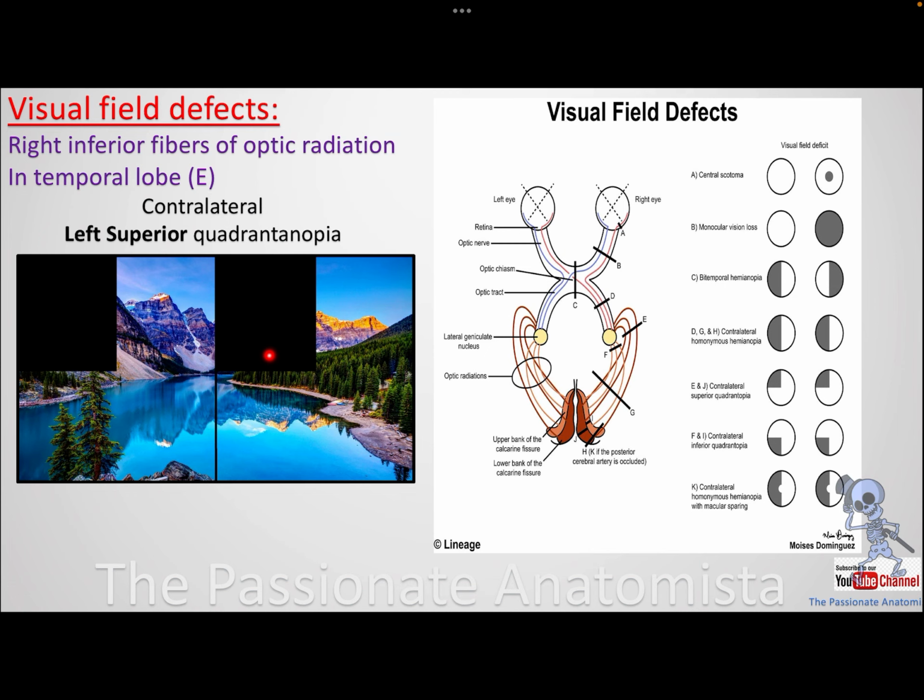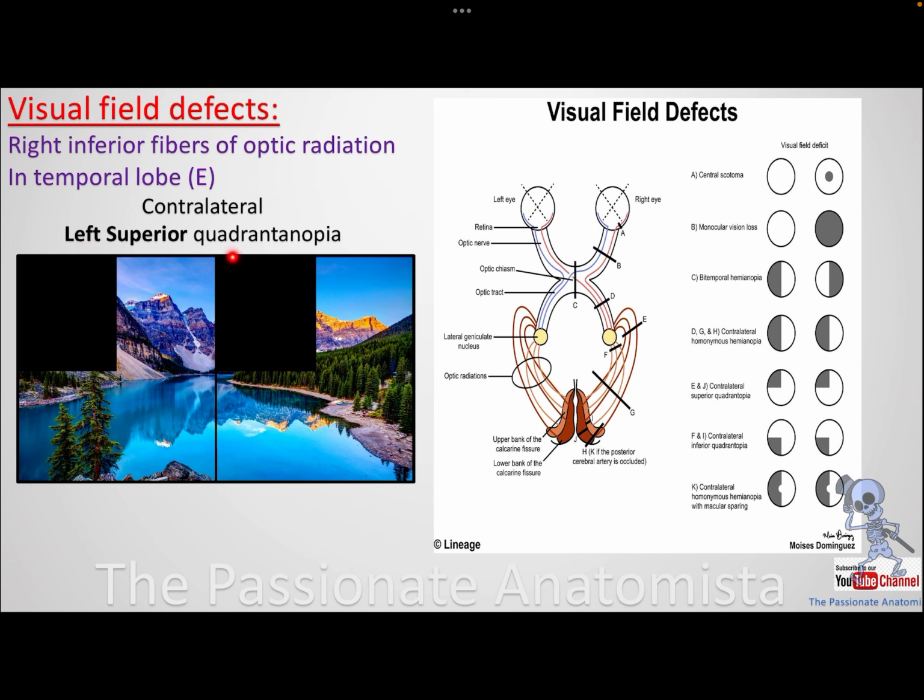How can we say it? We will say that if you have a problem in the right inferior fibers of optic radiation in the temporal loop, you will have a superior problem in the visual field of both eyes. Superior quarter. How can we express it? We will say contralateral problem.